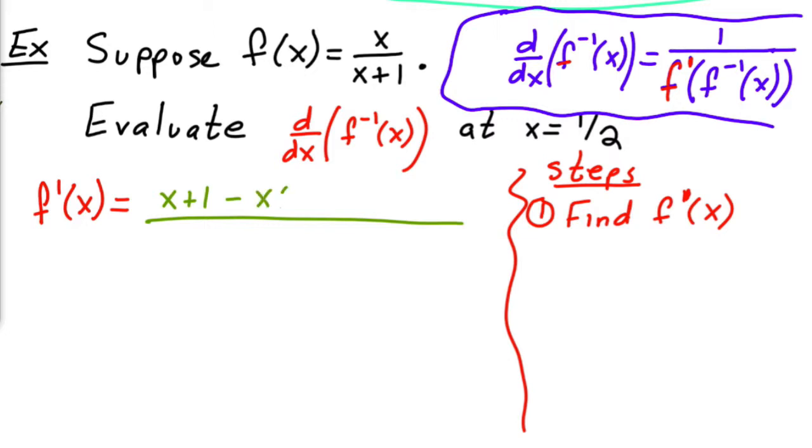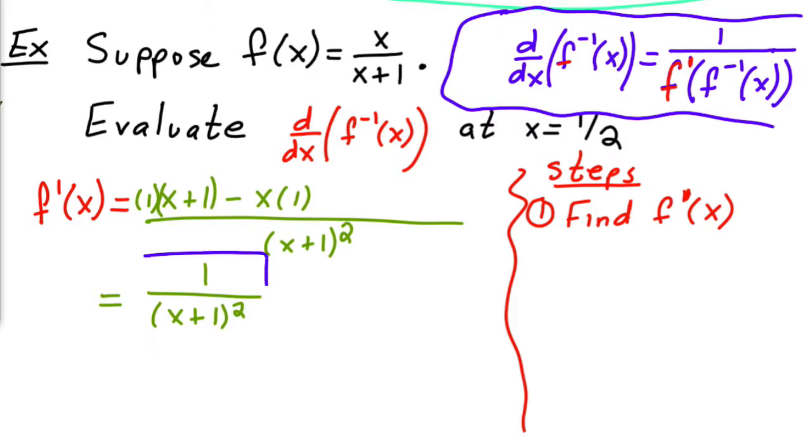And then over x plus 1 squared. Okay, so if I simplify this, I would get 1 over x plus 1 squared. Now, so this is the derivative.